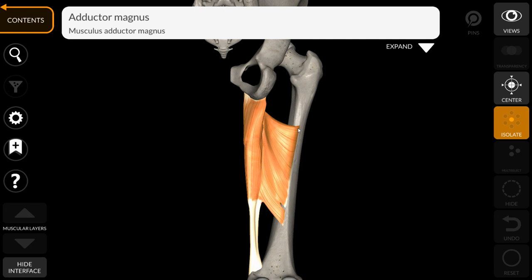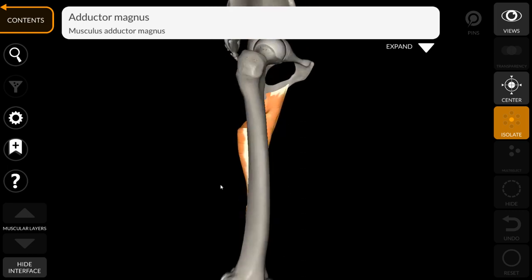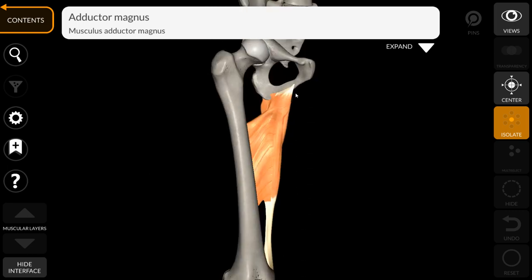We can be more specific: the distal two-thirds of the linea aspera. You can imagine the whole thing is linea aspera, with the proximal one-third and the distal two-thirds. So it attaches into the distal two-thirds of the linea aspera, coming from the inferior ramus of pubis and the ramus of ischium.